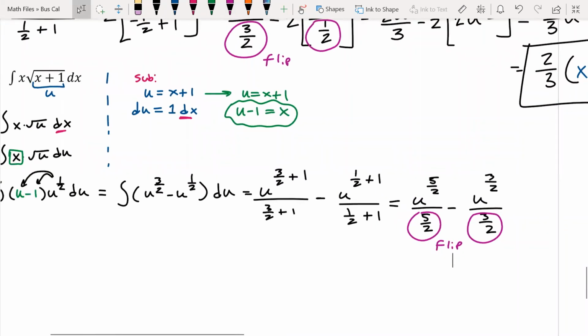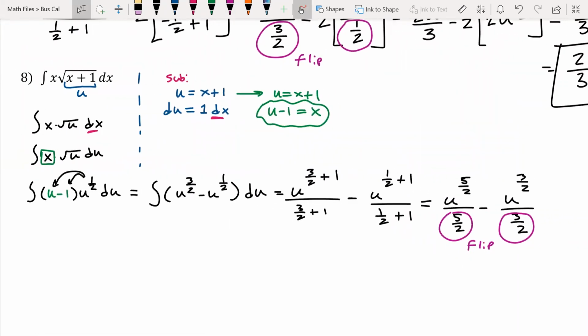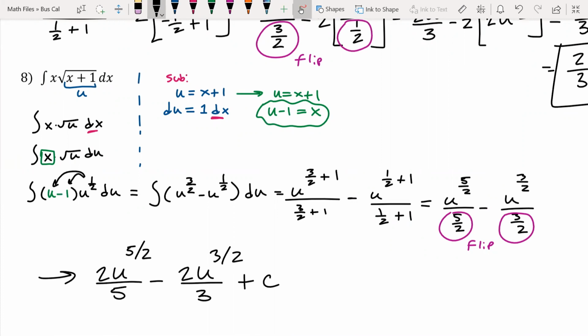And then once again, flip, flip. And you're going to get 2u to the 5/2 over 5 minus 2u to the 3/2 over 3 plus c.